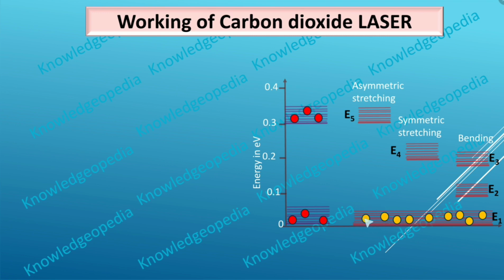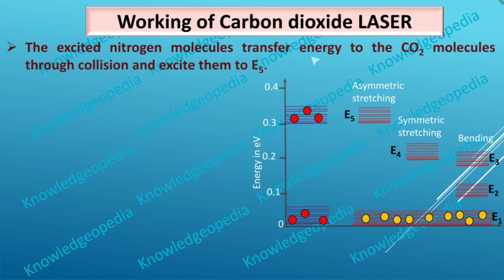When they collide with the carbon dioxide molecules, they will transfer their energy to these carbon dioxide molecules, and they will come back to the ground state. So the excited nitrogen molecules transfer energy to the carbon dioxide molecules through collision and excite them to E5.